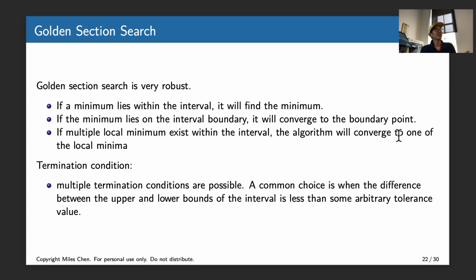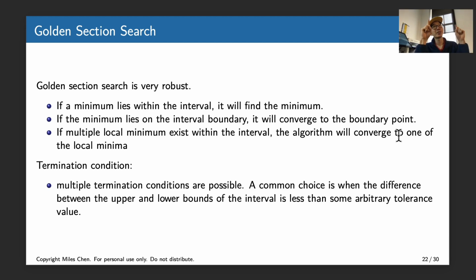So it is guaranteed to converge to a local minimum. But if there are multiple local minima within an interval, there's no guarantee that it's going to converge to a particular one. Ideally, if you know there's one local minimum in here, then it will work the best. Okay, as far as how do you terminate, how do you stop the thing?